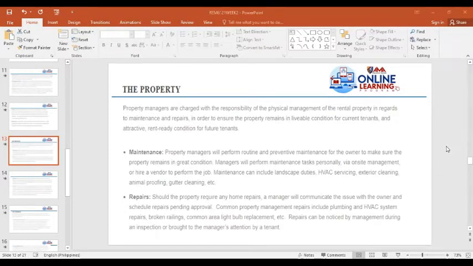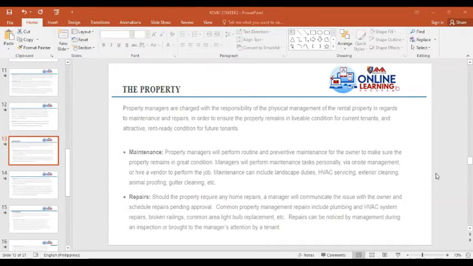Okay, so common property manager repairs include plumbing and HVAC system repairs, broken railings, common area light bulb replacement. Repairs can be noticed by management during an inspection or brought to the manager's attention by tenants.